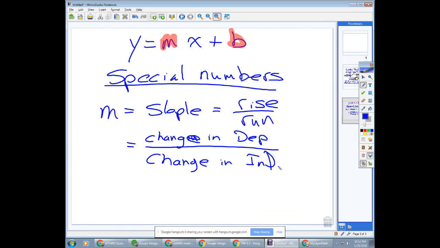And so we call that the rate of change. It's a rate because it's a fraction, and the numerator is some kind of change, like you rise, the denominator is a different kind of change in the run. And that's really the most important part of this, because not everything changes at the same rate.